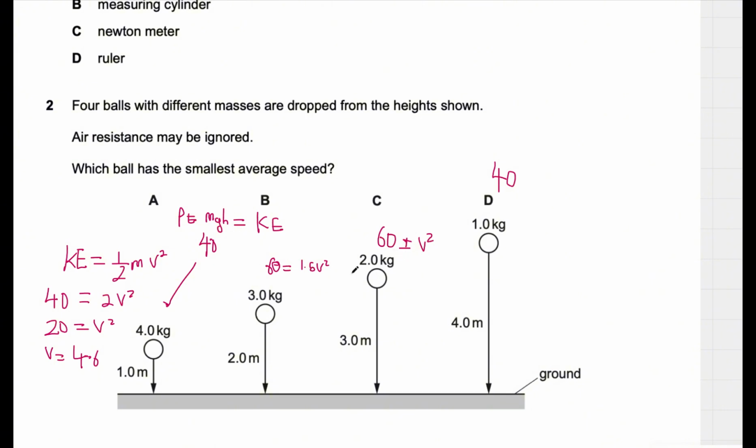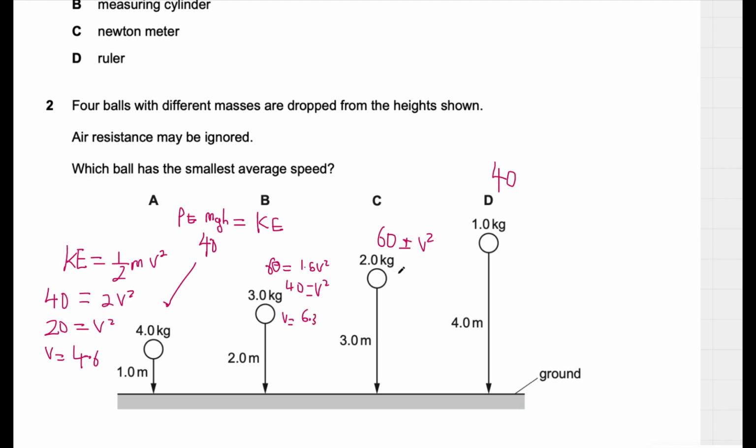For the other one, 60 divided by 1.5 gives 40 equals v squared, so find the square root of 40. That gives the speed, so v here will be 6.32.